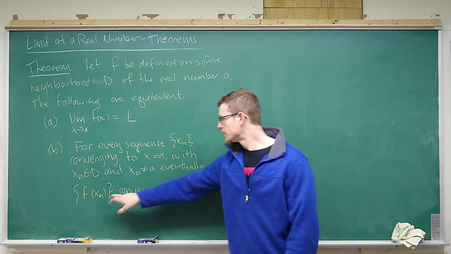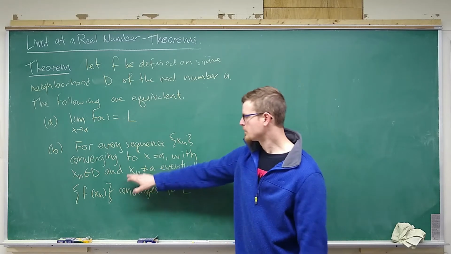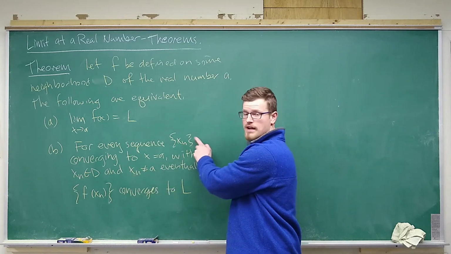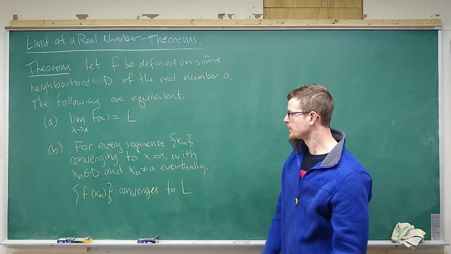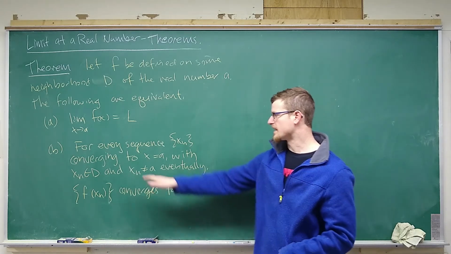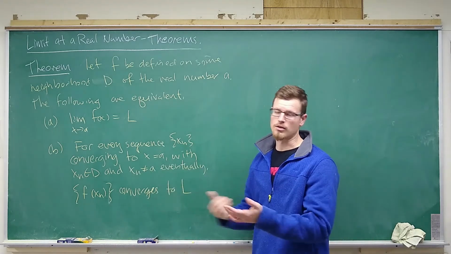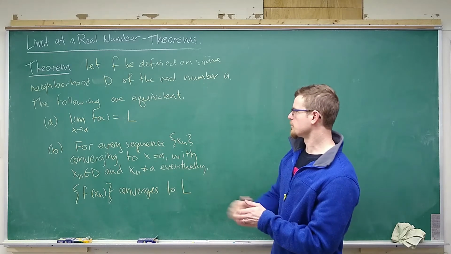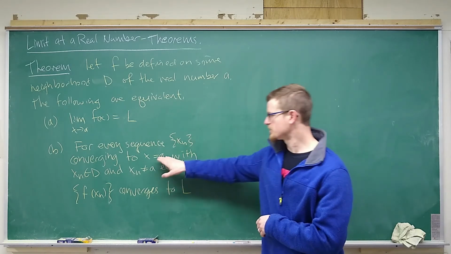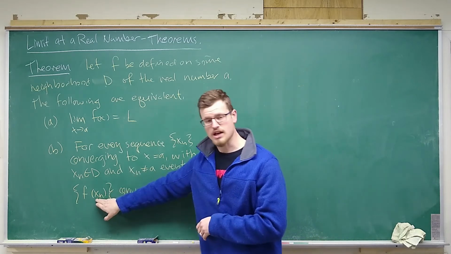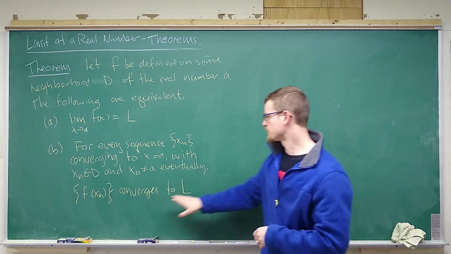That's not what we want. So if we want things to be interesting, we can just take that none of the values in this sequence are a. But it's also sufficient to say that eventually they're no longer a. Okay? So for every sequence that converges to a, then the sequence of evaluations will converge to L.